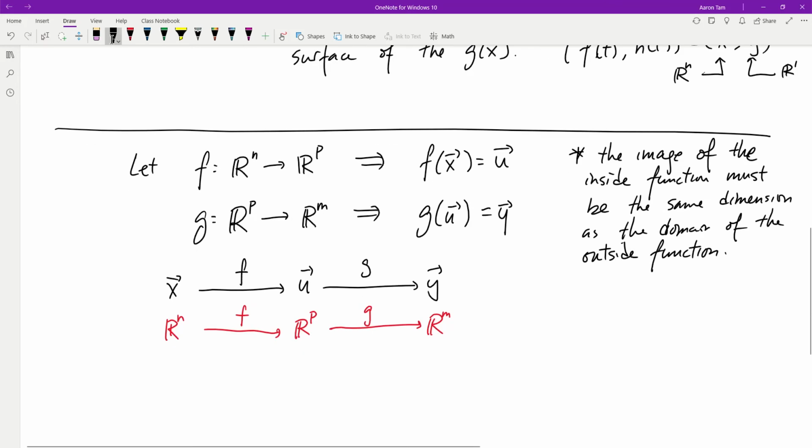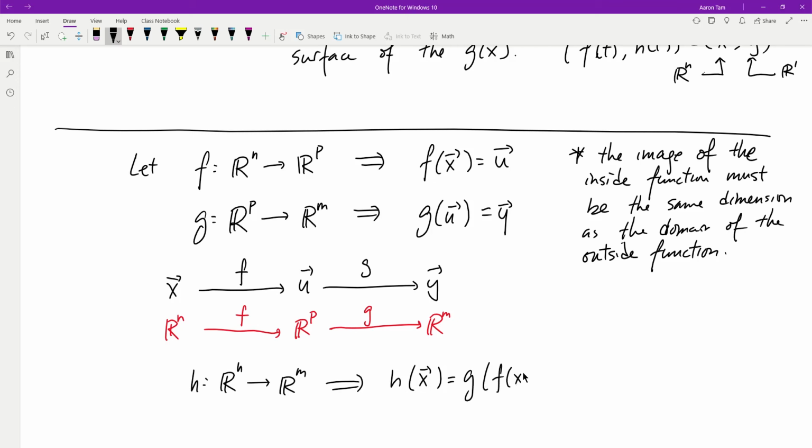Now, of course, here we define our composition h to map from Rn to Rm. And composition h will be h of vector x equal to g of f of vector x. And so what does the function h do? Function h directly connects vector x to vector y, bypassing vector u.